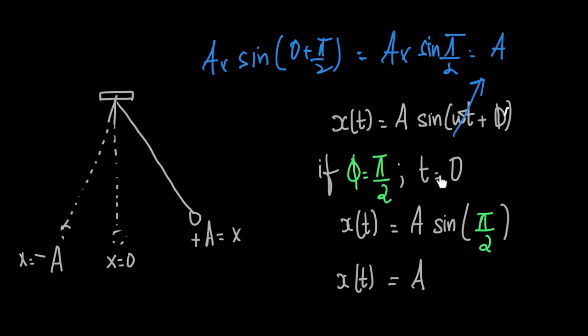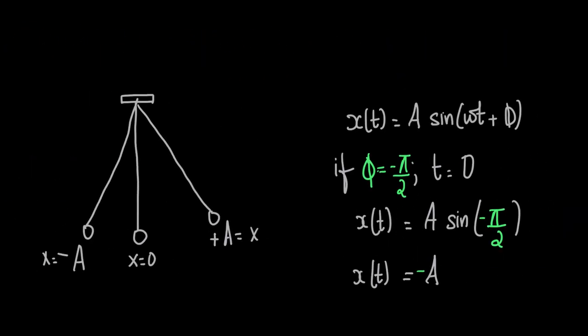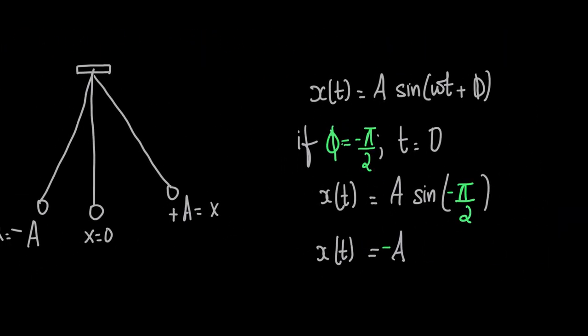I was trying to say, when t is equal to 0, when we started observing the motion, it was at this point, a is equal to x. Now, when we started observing the motion, it is t is equal to 0 here, and phi is equal to minus pi by 2, say.